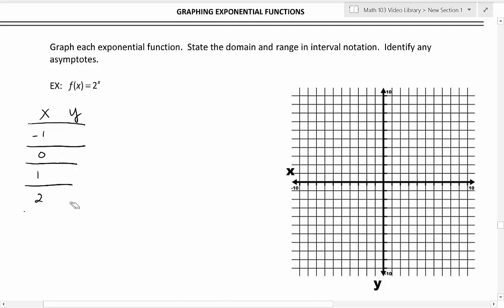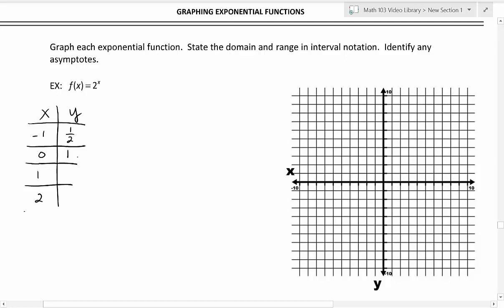Exponential functions grow very rapidly, so you don't want too big of an x value or your graph is quickly going to go right off the paper. So let's find our corresponding y values. If we plug -1 in for x, that's 2 to the -1st power, which is 1/2. Plugging 0 in, 2 to the 0 power is 1.